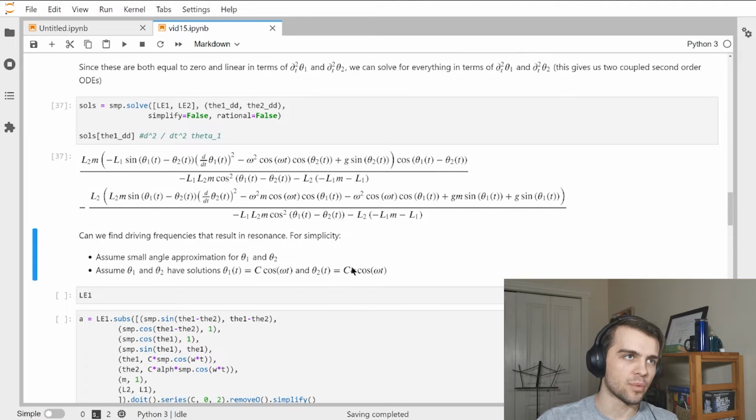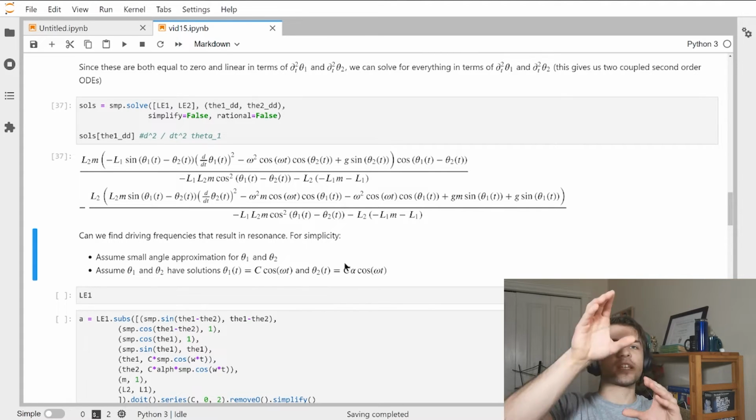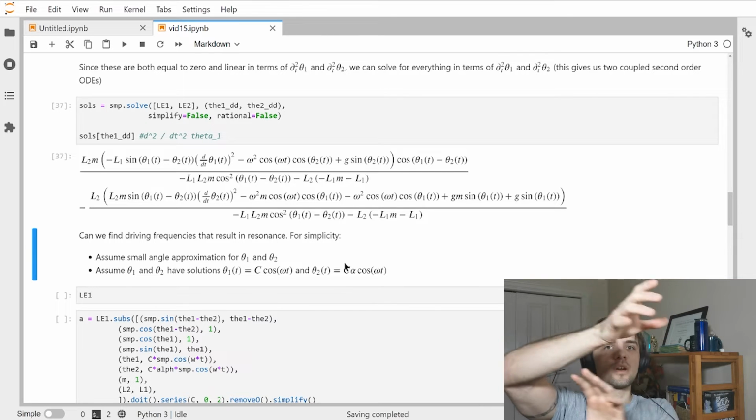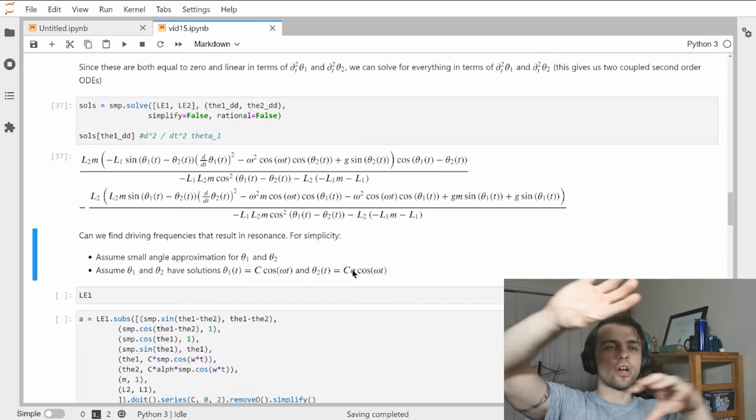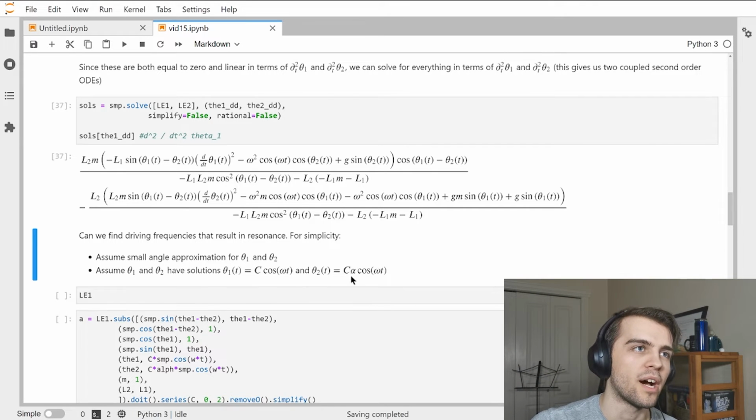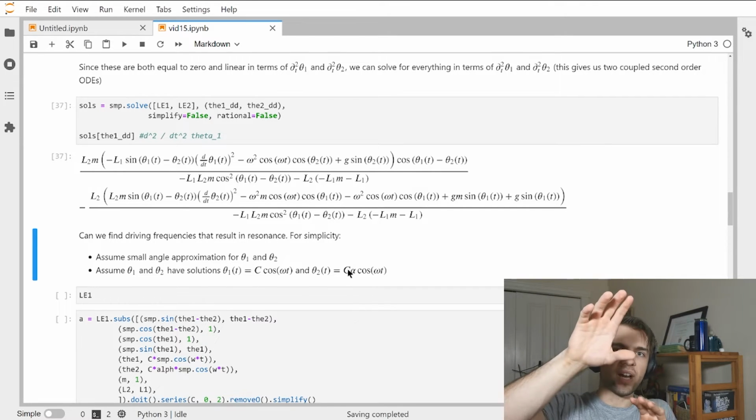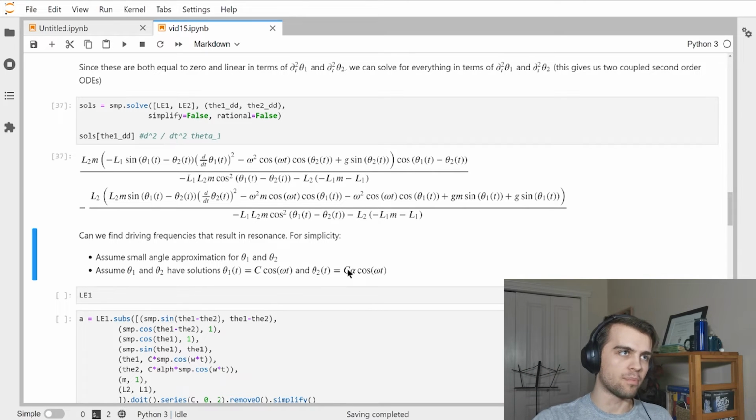And alpha, the reason I add alpha to theta 2, is because it might be the case that theta 1 and theta 2 are moving out of phase. So if alpha is -1, then they're sort of moving opposite to each other. So I also include alpha to take into consideration the fact that they might not be the same angle at all times. So there's a lot of approximations here.